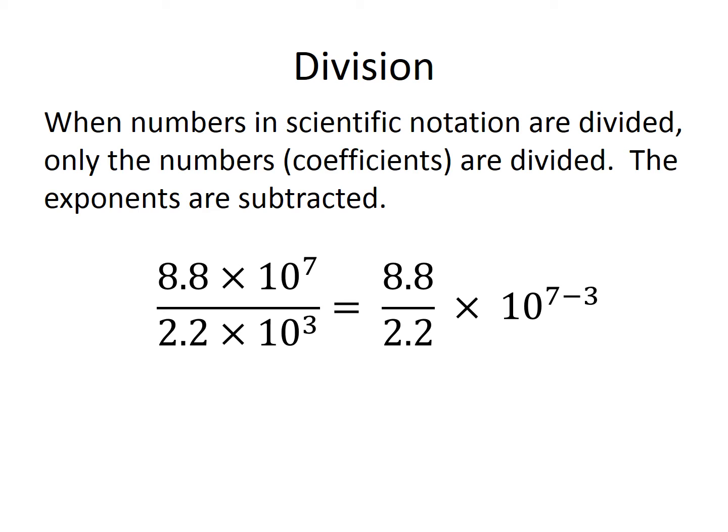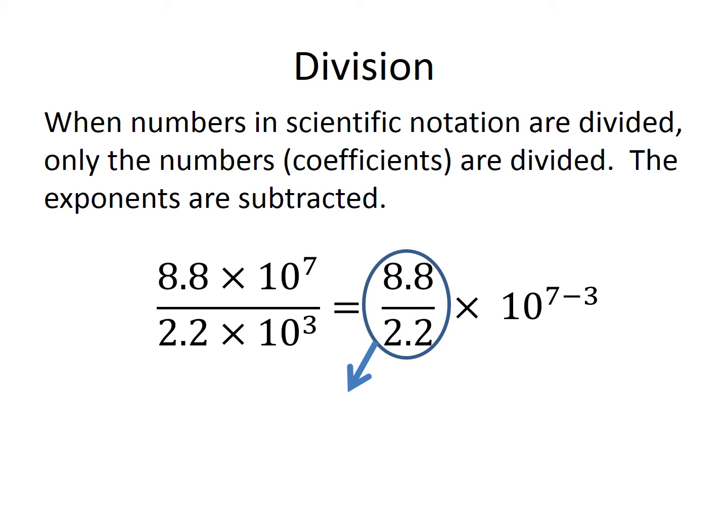So we're going to take the two significands, the two coefficients in the front, and divide them. 8.8 divided by 2.2. For our powers of 10, our exponents, we have 7 on top and 3 on bottom, so our power of 10 will be 7 minus 3. As shown here.